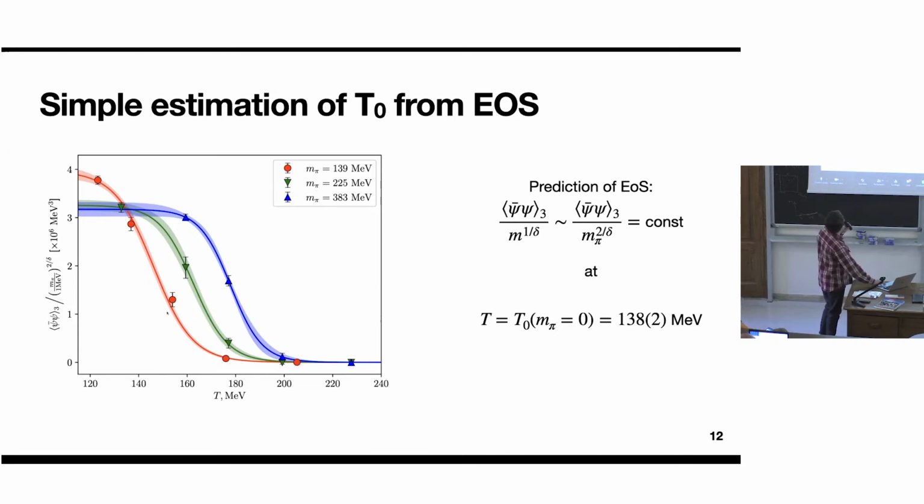That is exactly what is shown on this plot, and you see that all three curves for the pi masses under study go through one point, and it gives another estimation of this T naught, which is in agreement with the previous one. It's 138 MeV.